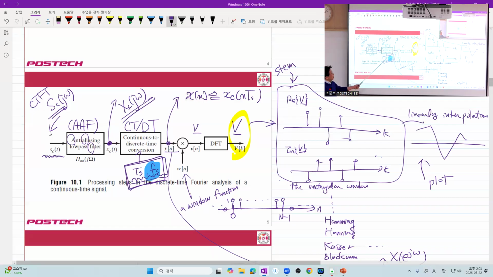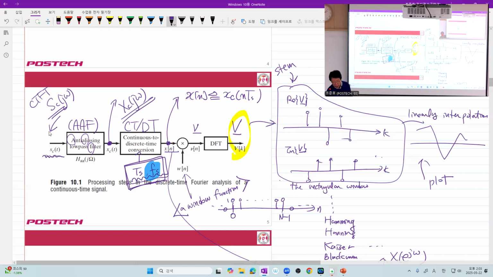And here goes a multiplier that multiplies this continuous time signal with w of n. This is a so-called window function, or sometimes a windowing function. But the textbook just keeps using window function or a window.